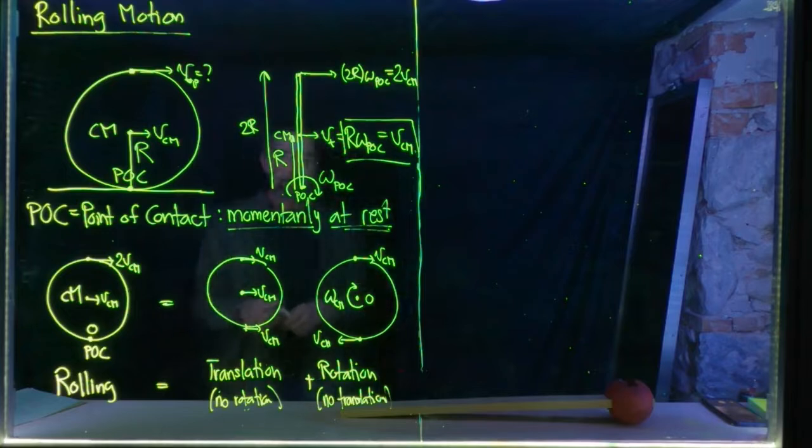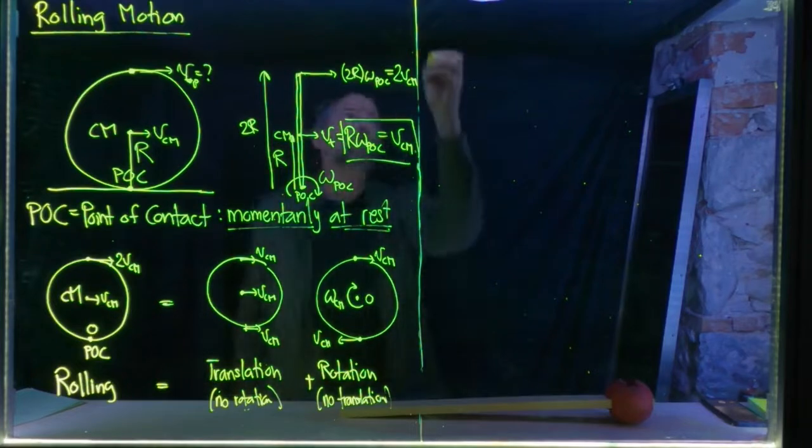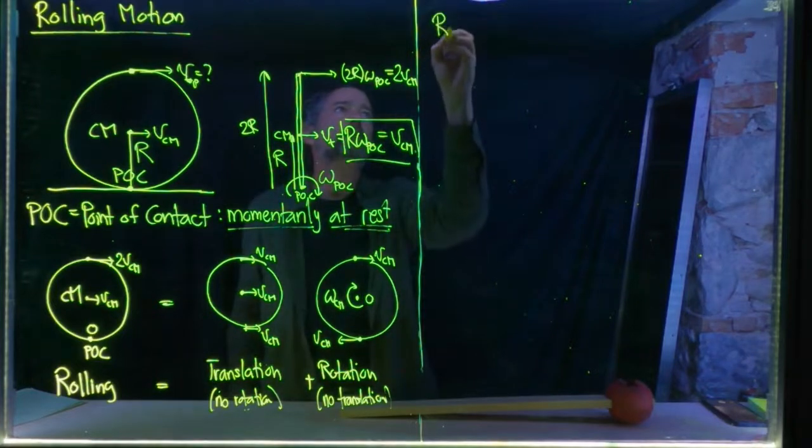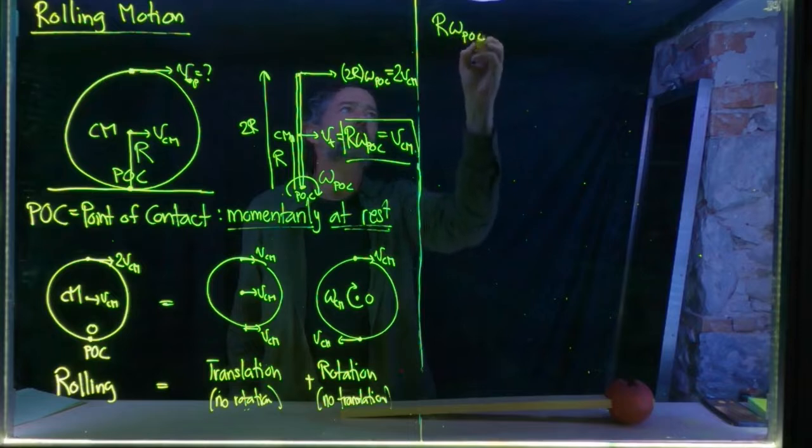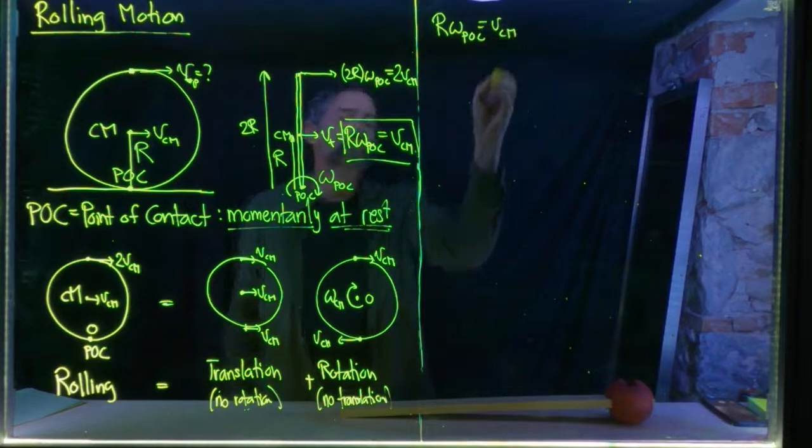Okay, now in order for this to work here, remember we had that R times omega point of contact is equal to VCM.